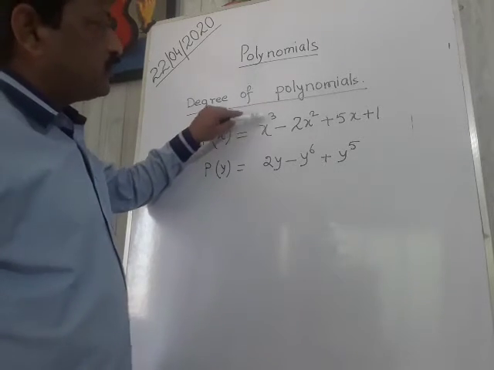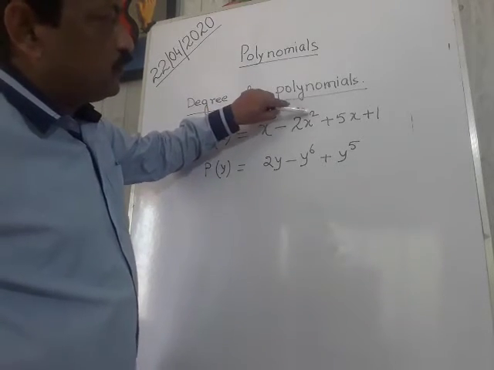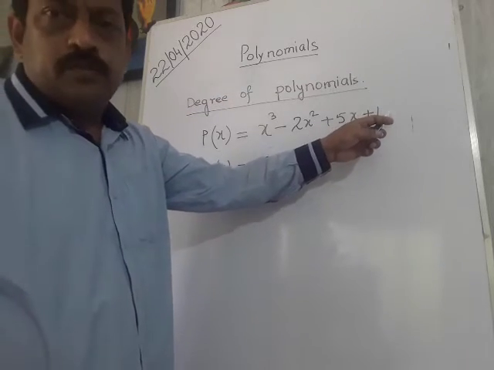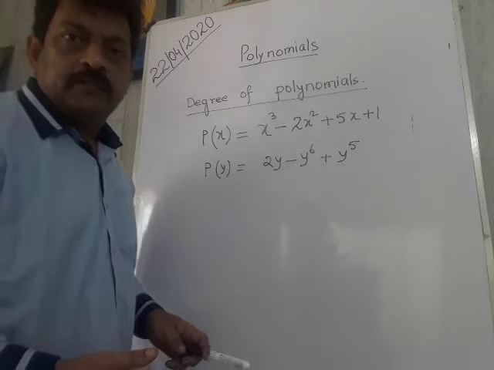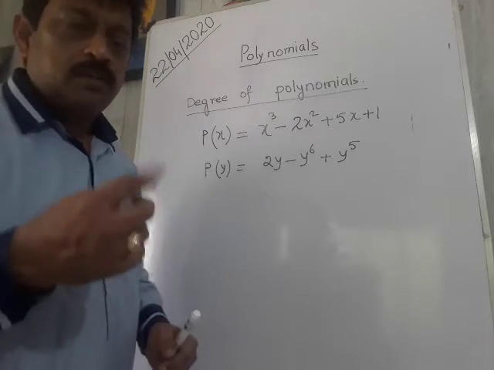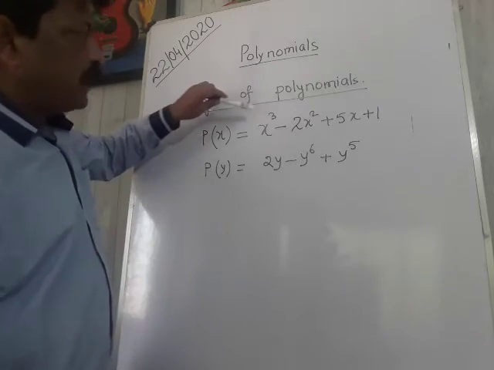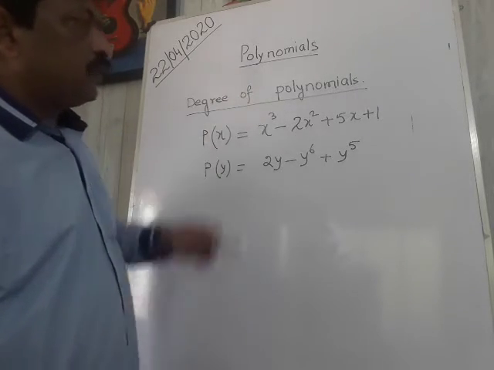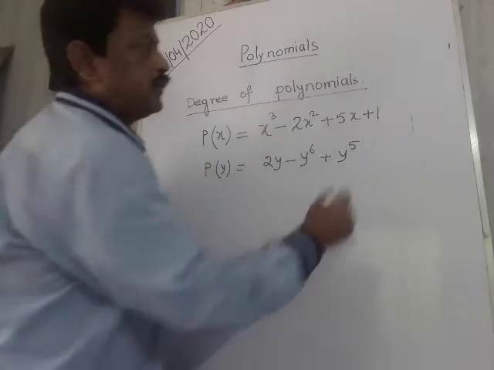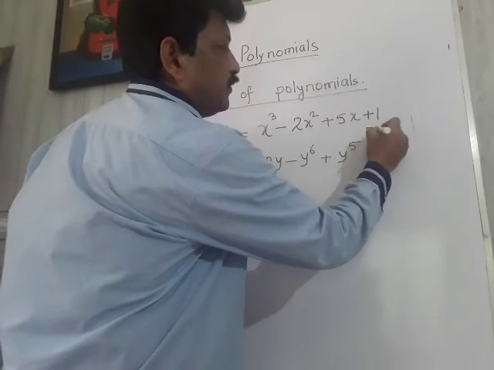Here the power is 3, here the power is 2, here the power is 1, and here x to the power 0. If a variable is not there, it means the power of the variable is 0. So the highest power is 3. Therefore we can say that the degree of this polynomial is 3.